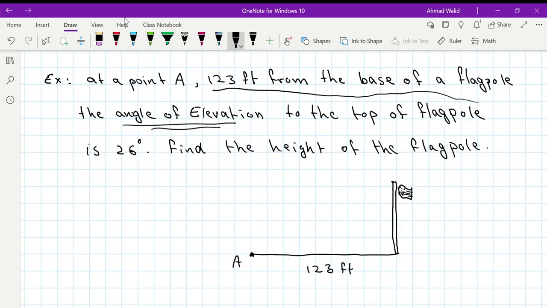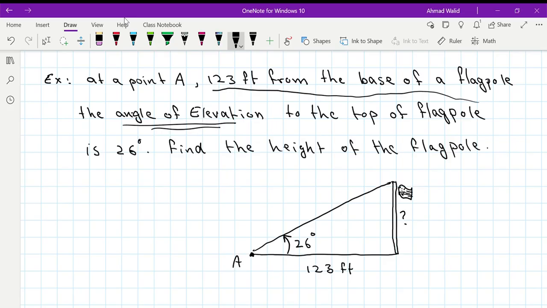The angle of elevation from point A to the top of the flagpole, this angle, is given to you as 26 degrees. Find the height of the flag.